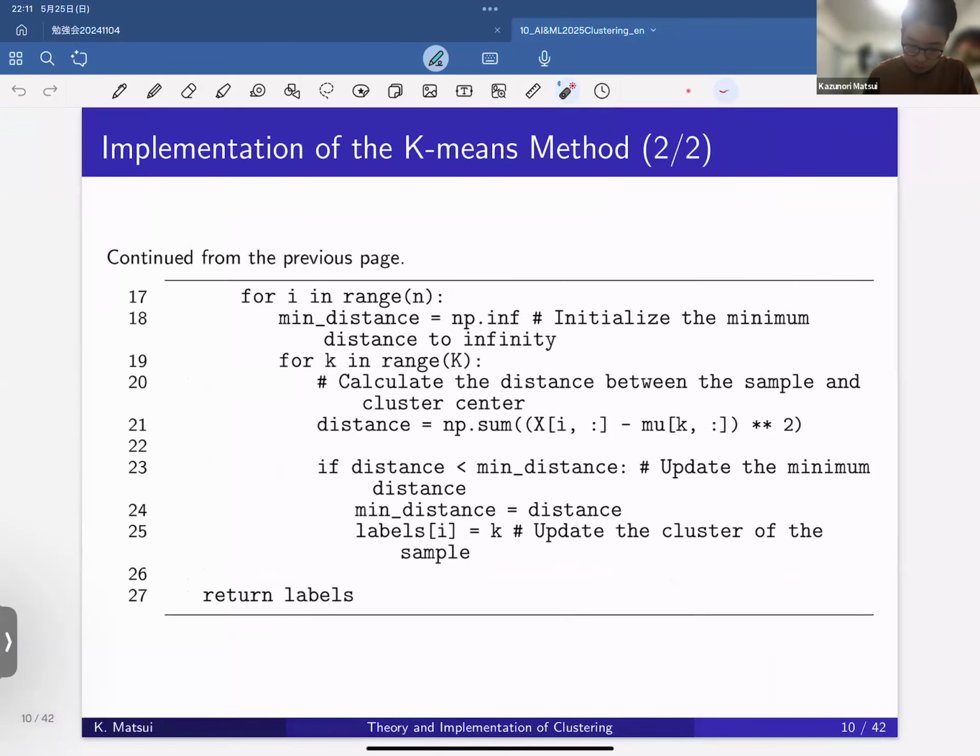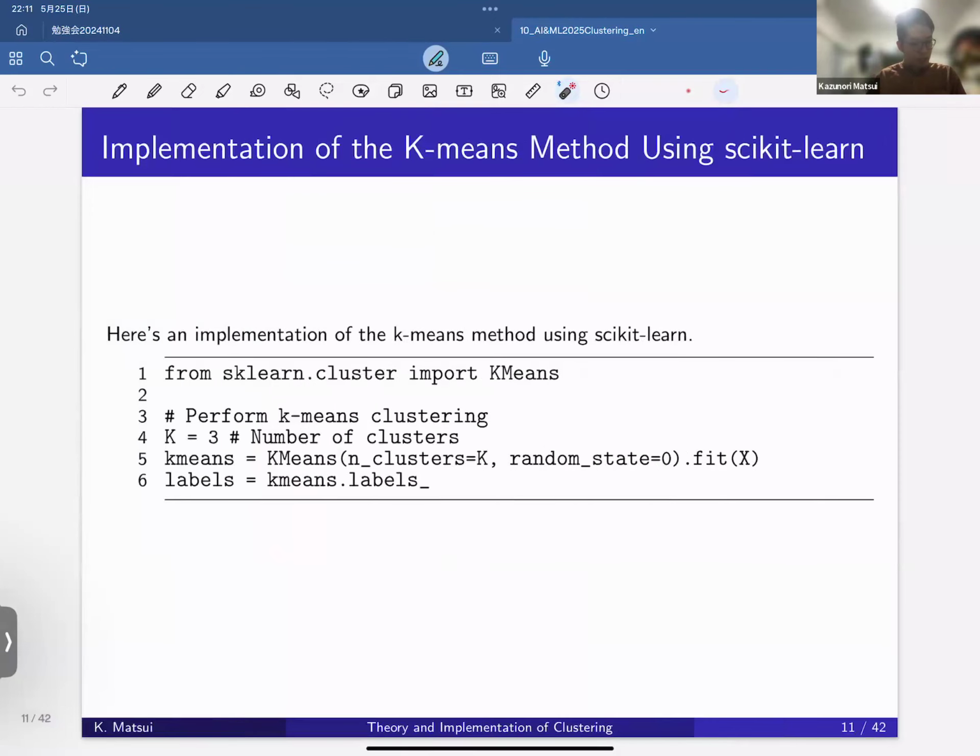Then for each data point, we calculate which cluster center is closest. We update the cluster label of that sample to the cluster with the closest distance. By repeating this, we implement the algorithm. If we write it with scikit-learn, it looks like this.